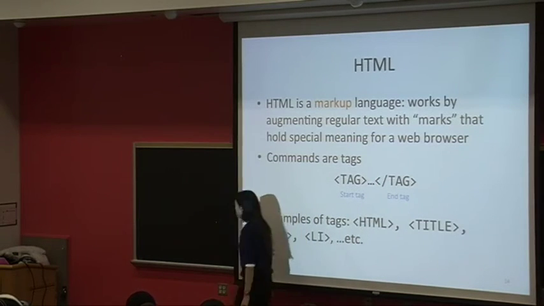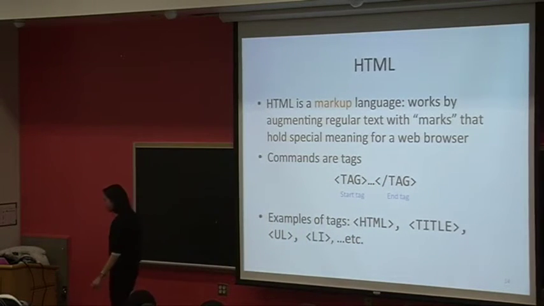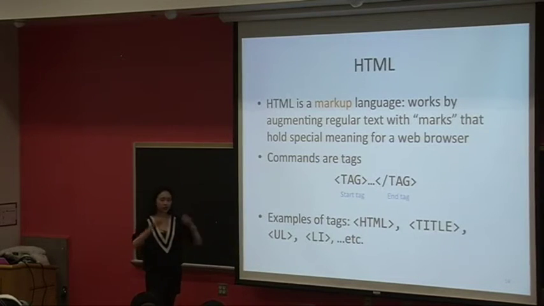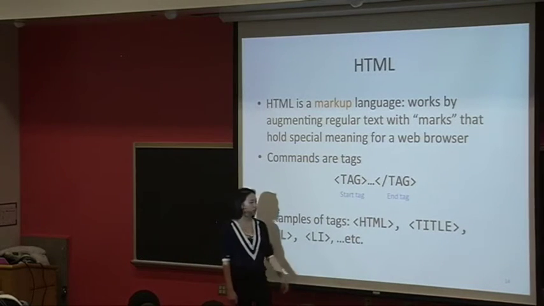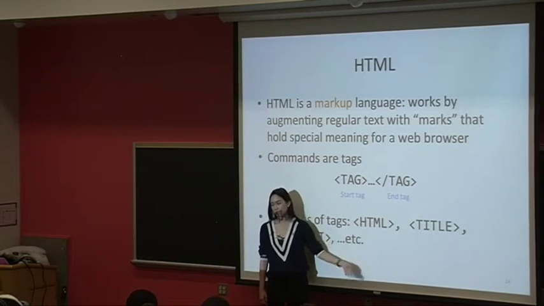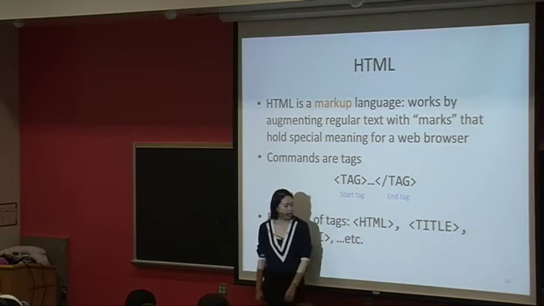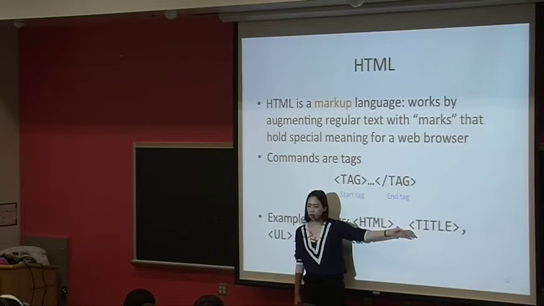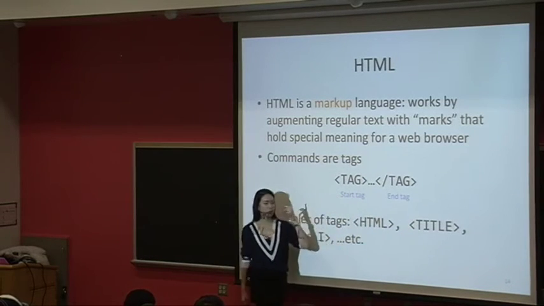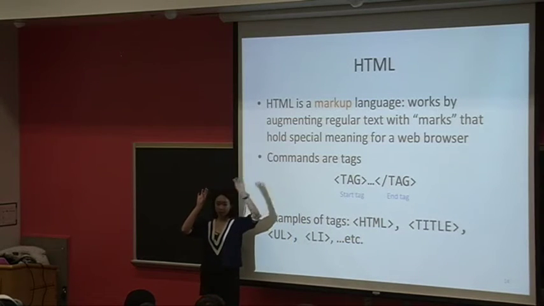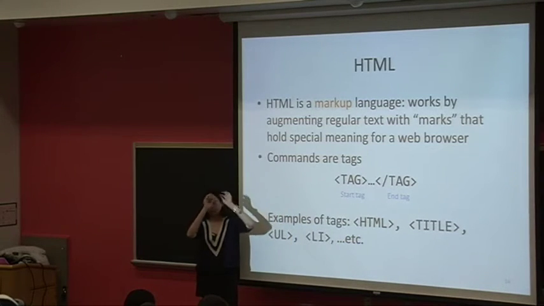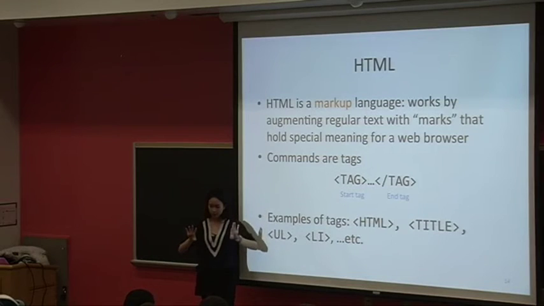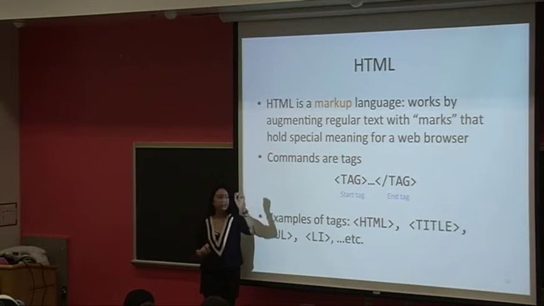Quite a lot of common tags, for example, the whole HTML document starts with the HTML tag, and finally ends with the slash HTML tag. And you can put a title in your HTML document as well, and the title is what you see when you open the browser. It has the name of the web page on the very top, not on the web page itself, but on the very top rendered by the browser.